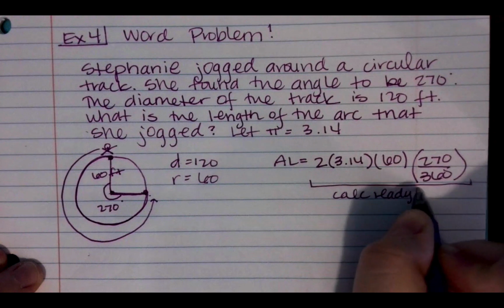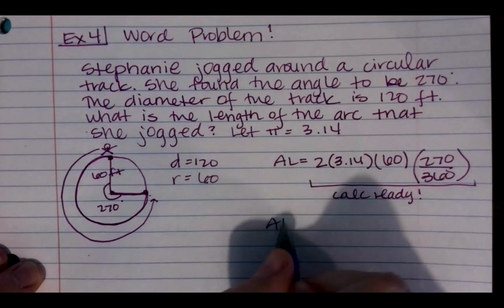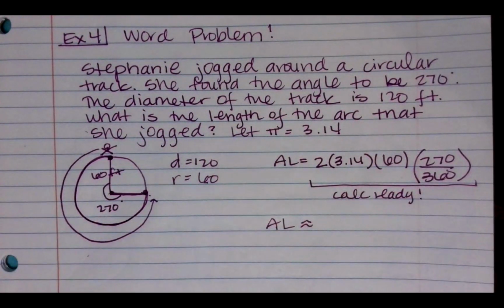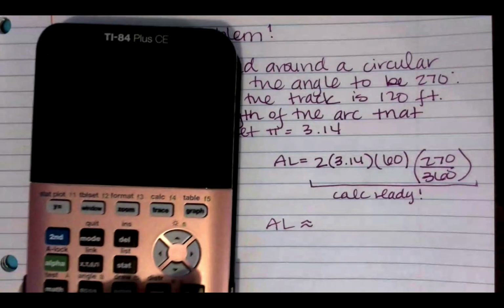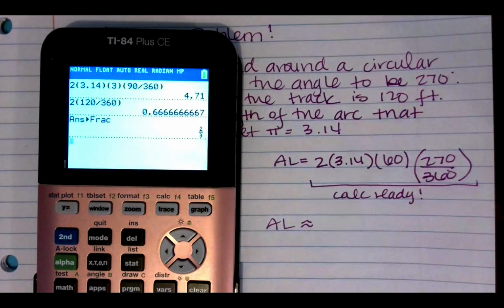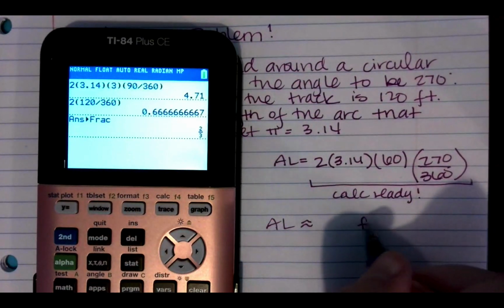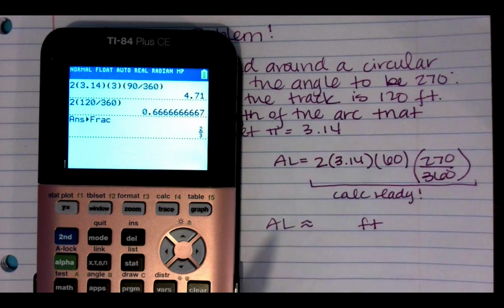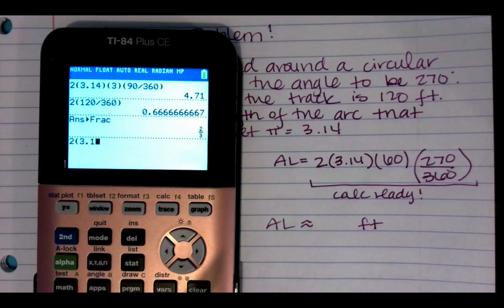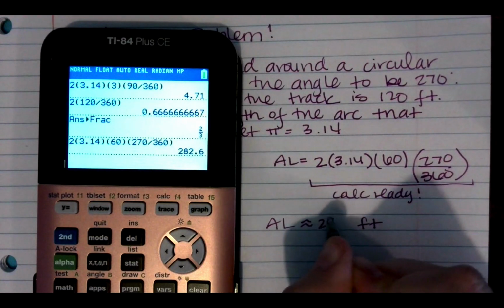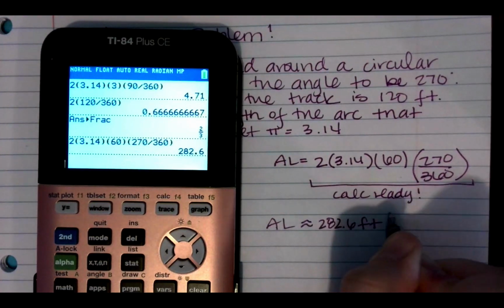Just plug it in just like you see it, and we'll round off our answer to 1 or 2 decimal spots, whatever makes the most sense right now. And we'll put our feet units on it. Okay, so 2 times 3.14 times 60 times 270 over 360. Quick answer, there it is, 282.6 feet.